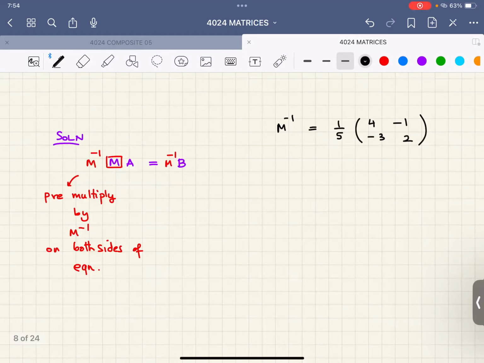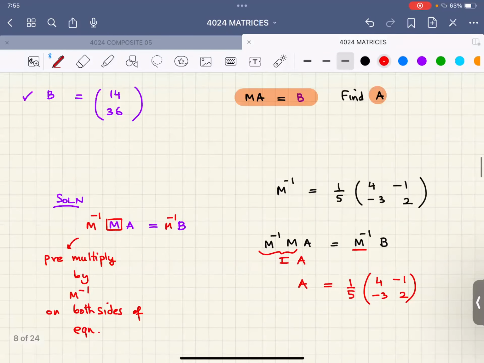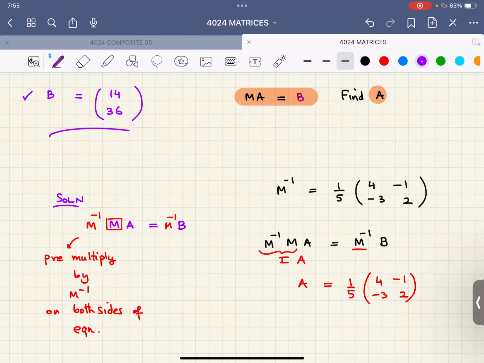So I'll write M inverse MA is equals to M inverse B. This becomes the identity matrix. Multiplying with A will simply become A. So you can write this thing on the other side. There is no working to show, except you will write 1/5, 4, 2, negative 1, negative 3, and you will multiply it with B. What is B? That is 14, 36.